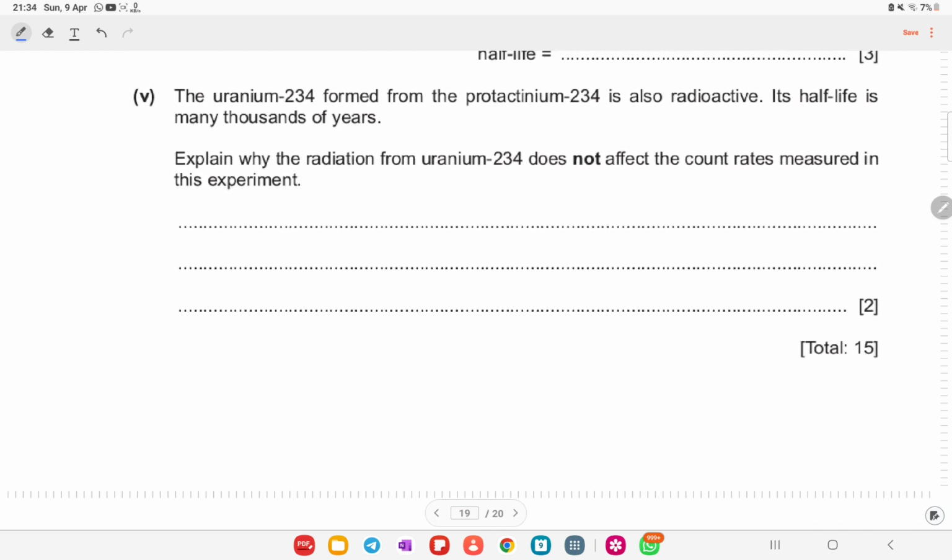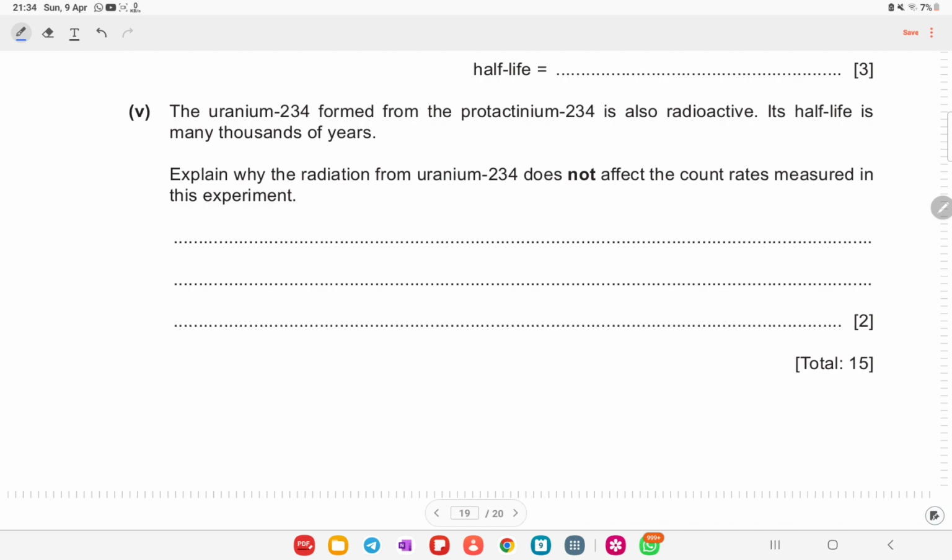The uranium 234 formed from the protactinium 234 is also radioactive. Its half-life is many thousands of years. Explain why radiation from uranium 234 does not affect the count rate measured in this experiment. The graph we are taking is only for our sample, only for 320 seconds, because I know that the half-life of uranium is 5700 years.